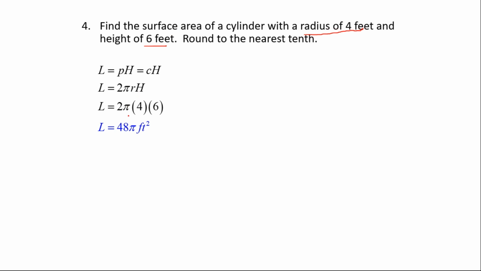Remember what I said? There's this lateral. And you're going to notice, and it's easier, I believe, keep pi as pi until the last step, when you round.